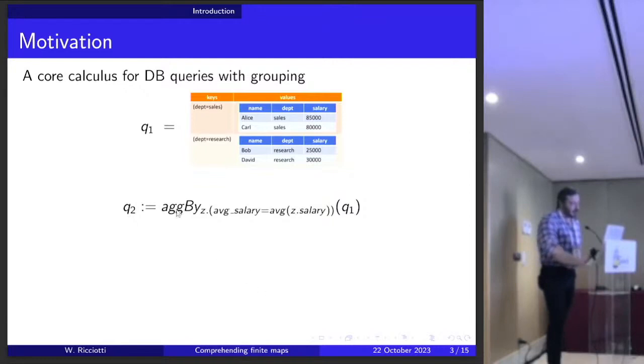Again, we suppose that we have a group-wise aggregation operator, this aggby, that takes the result of the previous query and produces, again, a new finite map where in the value part of the map, you will have an attribute average salary, which is obtained by taking the aggregate average of the salaries in that subrelation.